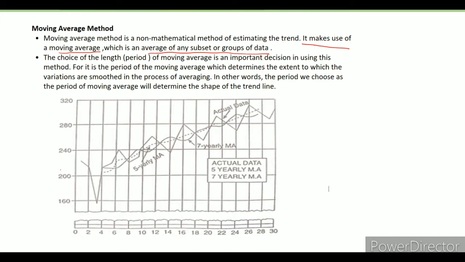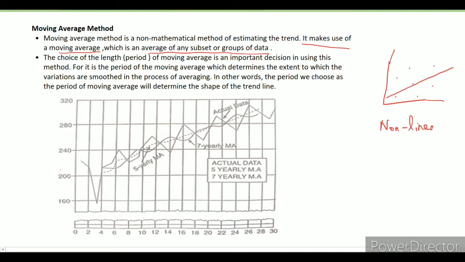So the choice is important, because first of all, the least squares method is concerned with finding a straight line trend. When you plot the points in the graph, you want to get a straight line. These are your actual points and you try to fit a linear or straight trend line. But this moving average method is actually a non-linear method.